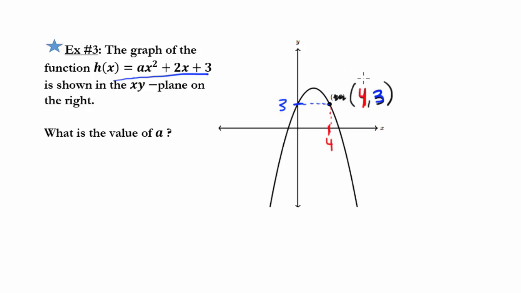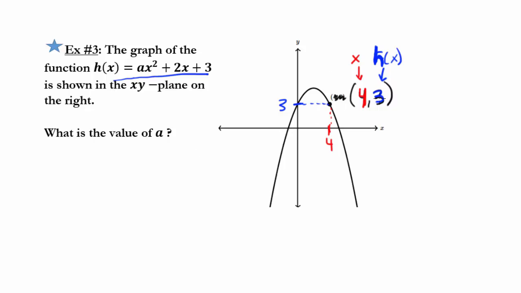Another way of saying this is, when x equals 4, my function f of x is going to equal 3. We can use this information to create a new equation using the equation of this function that is solvable, where we can isolate the value of a. Sorry, I called it f of x over here, but this is the function h, we're graphing the function h, so we can name it h of x.